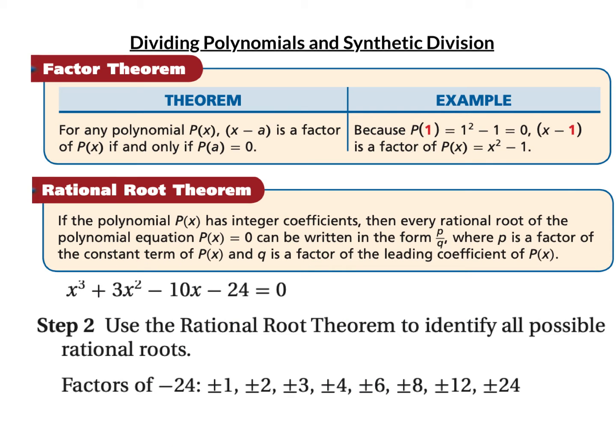Before we do our synthetic division, there's a couple things you need to note. Basically, if I do synthetic division and I get a remainder of 0, that means it went in evenly. In other words, it's a factor of that polynomial. If the remainder is 0, you know it's a factor of the polynomial. It divides in evenly.